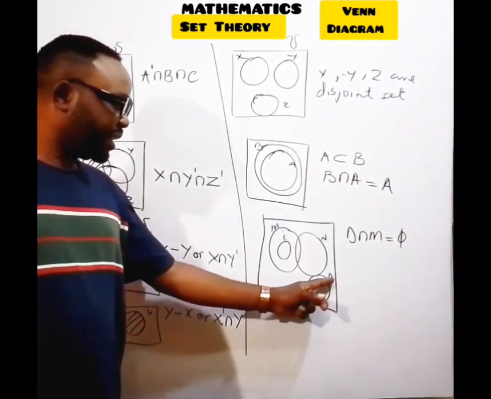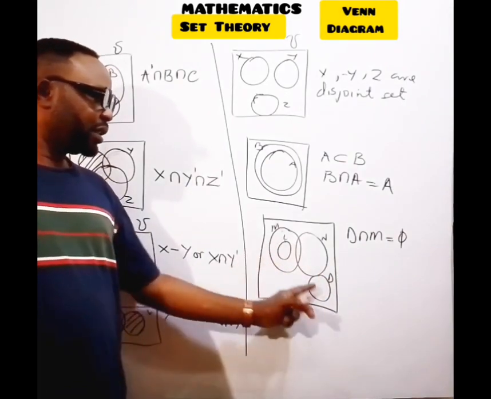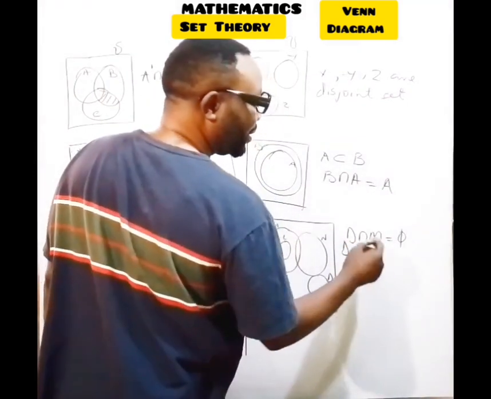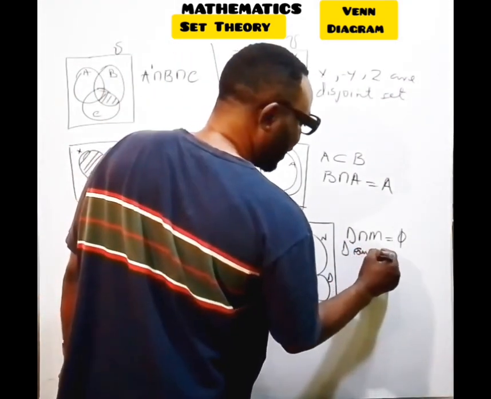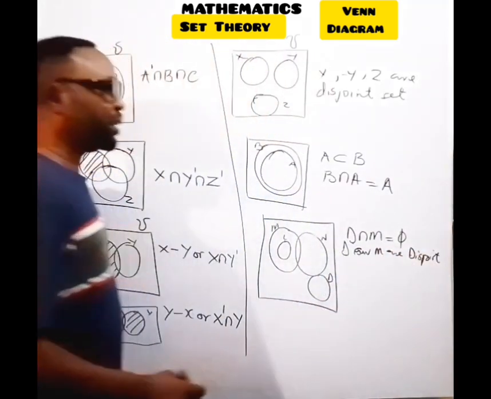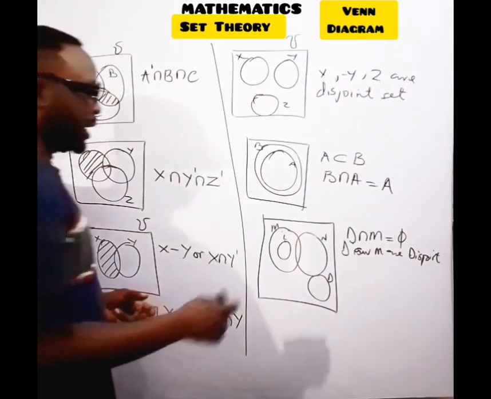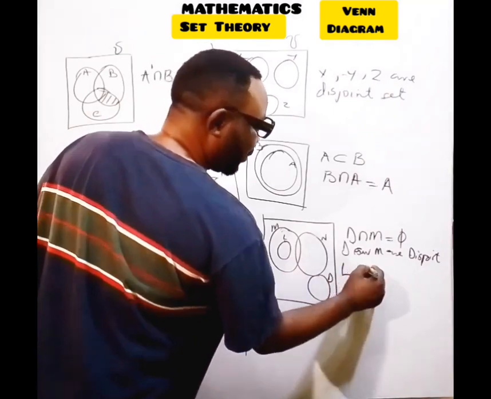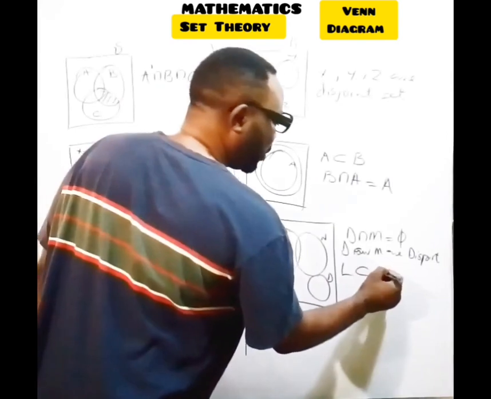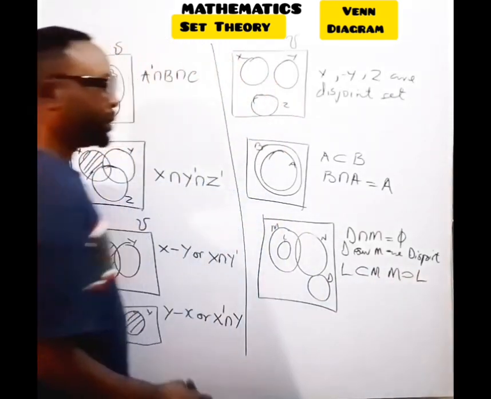You can see D intersection M here is going to be a null set. There's nothing that is common to them. That is, D and M are disjoint. They do not have anything in common at all. And then this diagram can now tell us that L is a subset of M, where M is a superset of L.